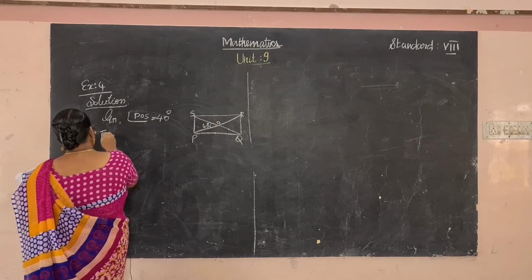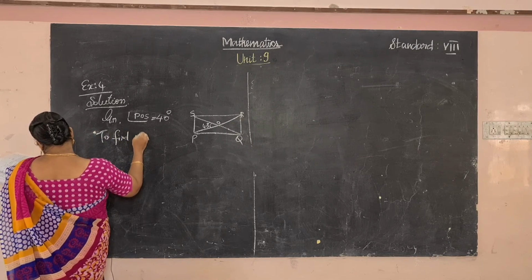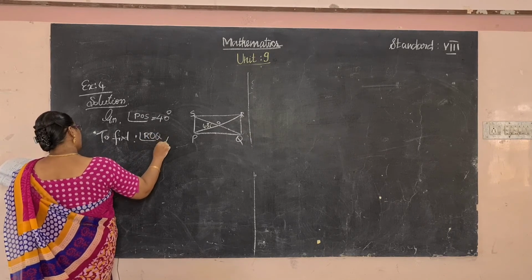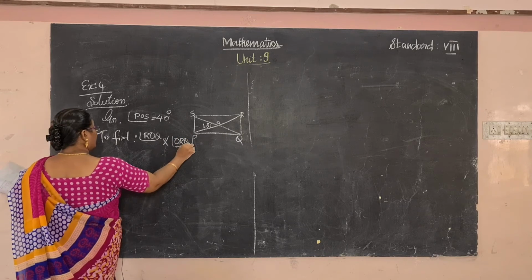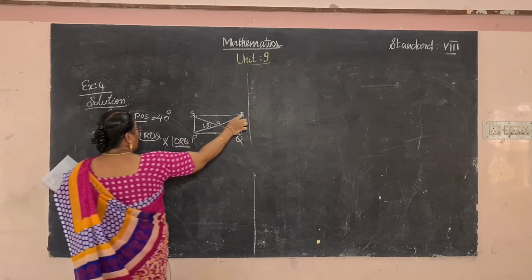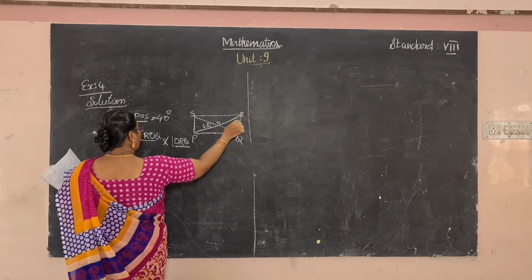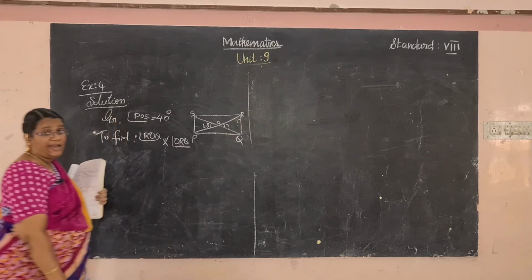To find angle ROQ and angle ORQ. Which are the values we have to find out? ROQ and ORQ. We have to find out these two angles.